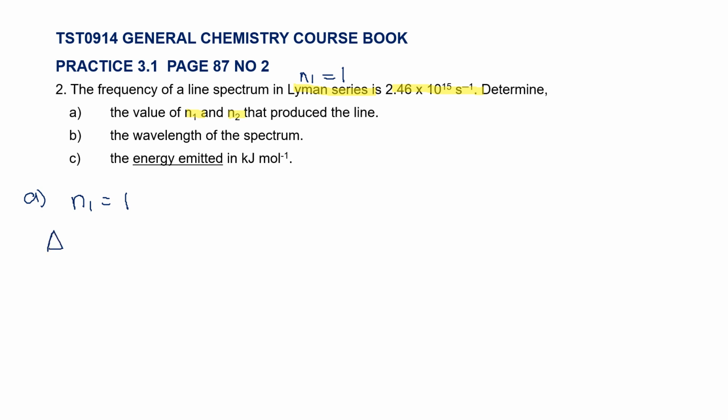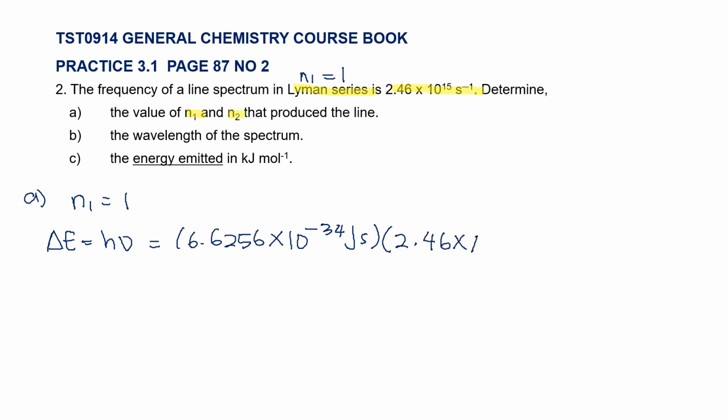So the delta E is h nu. So we can calculate: energy equals h, 6.6256 times 10 to the power of negative 34 joule second, times the frequency given in the question, 2.46 times 10 to the power of 15 per second.